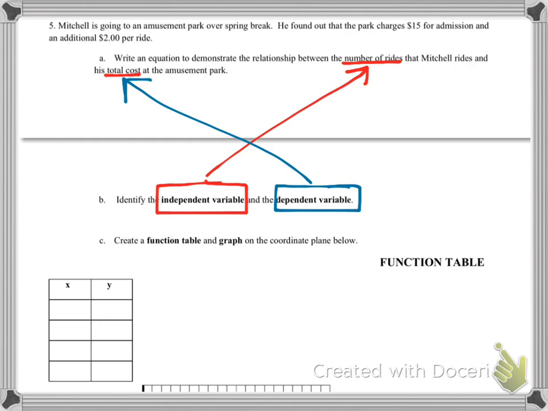If we said that X is our number of rides, the independent variable, and Y is our total cost, the dependent variable, then if he rode 0 rides, well, it would be $0 times 2 plus the $15 admission, so 15. And I can write an equation here, which will be the total cost is equal to $2 times every ride plus the $15 admission. So there's my equation, and then I can fill out the table from there.